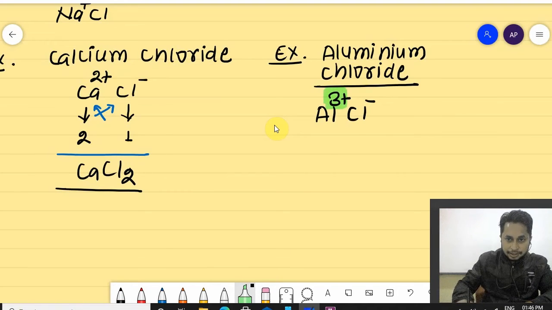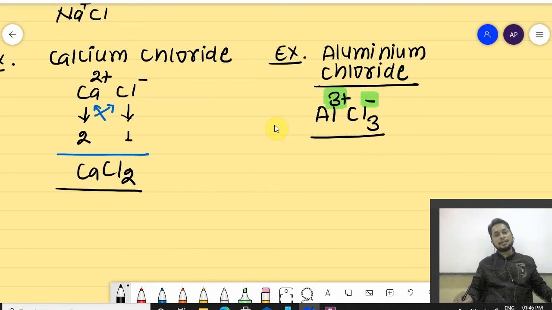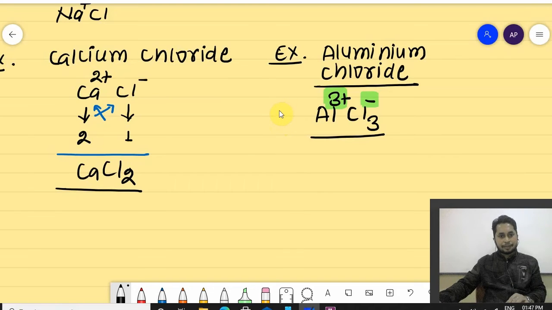This 3 will multiply in chlorine, and single minus, meaning 1, multiplies in aluminium. So aluminium remains the same, and 3 multiplies in chlorine, always in subscript: AlCl3. Whenever you are multiplying the number, it will be in subscript. So that is the formula of aluminium chloride.